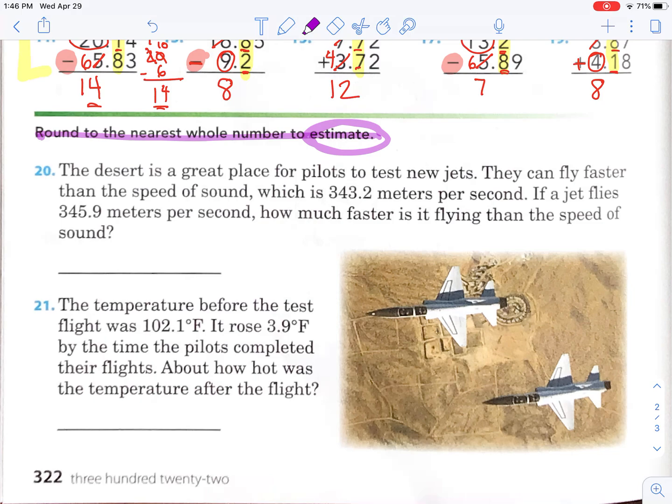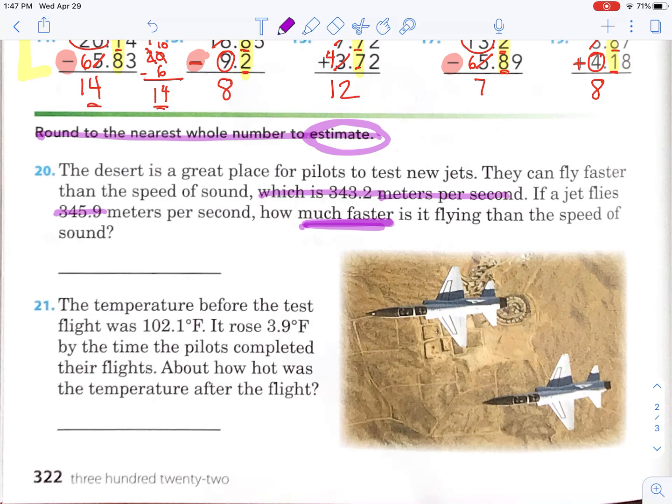They can fly faster than the speed of sound, which is 343.2 meters per second. Kevin, did you know that? You can memorize that fun fact. If a jet plane flies 345.9 meters per second, how much faster, that sounds like I'm trying to find a subtraction problem. How much faster is it flying than the speed of sound?